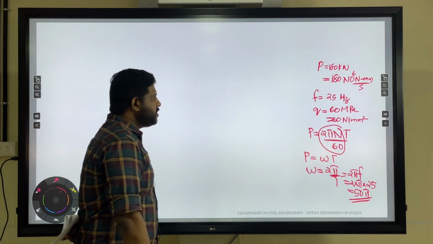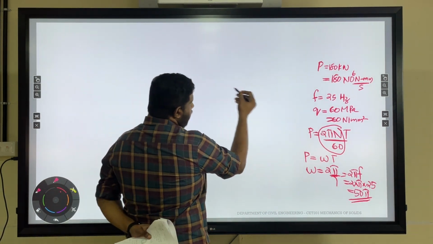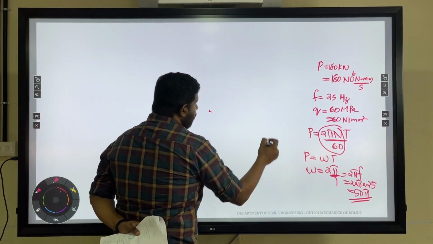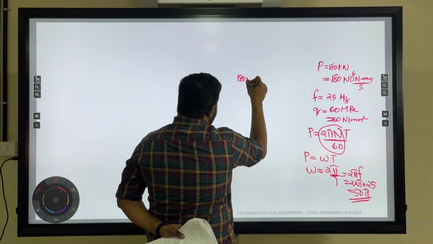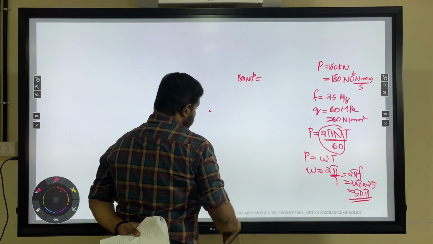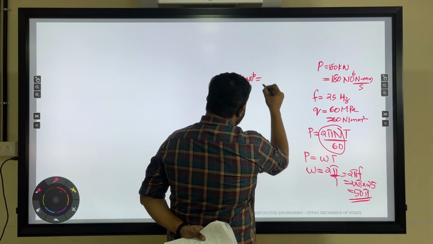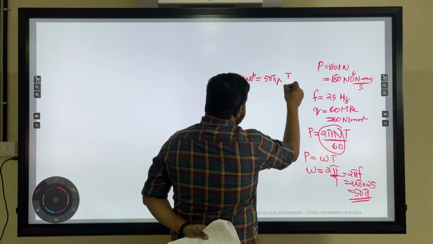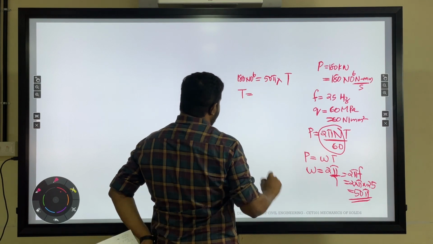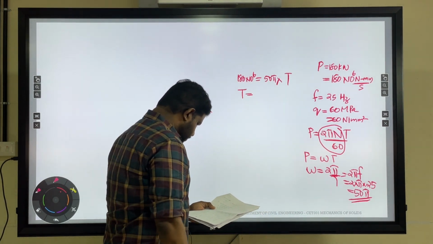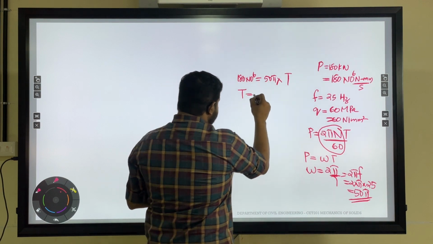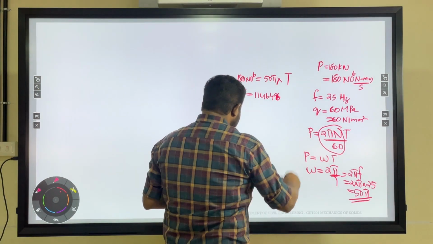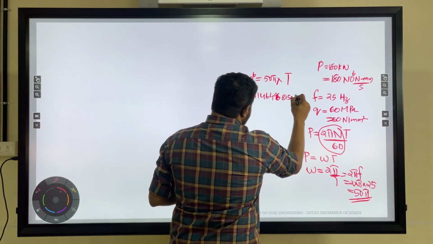Okay, omega value is 50 pi. So we have the power: 180 into 10 raised to 6 equal to 50 pi into t. From here you will get the value for t, and t is 1146496.815 Newton mm.